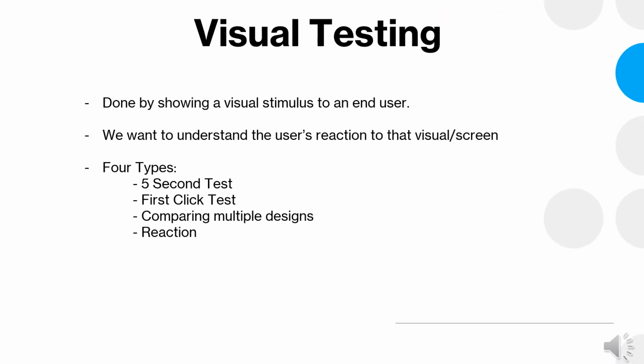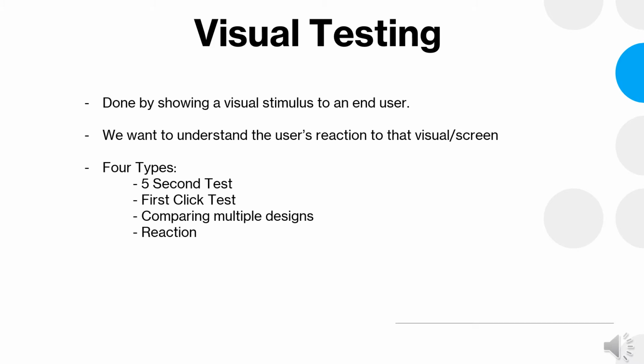Visual testing is basically when you show a visual stimulus, it could be an image, a prototype, a screen, or whatever the case may be, to an end user. What you're trying to achieve by that is to understand the user's reaction to that visual stimulus.